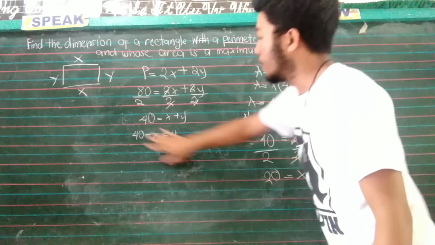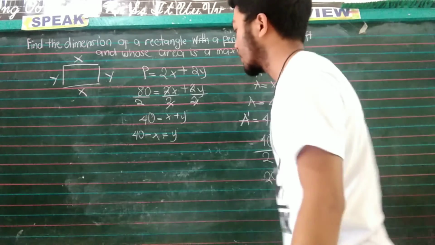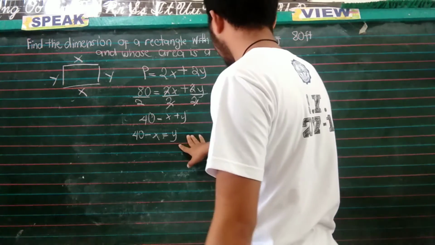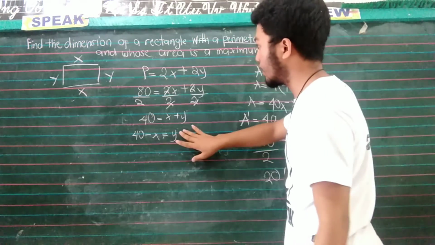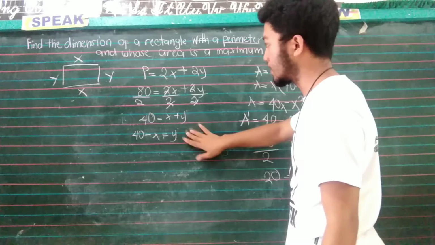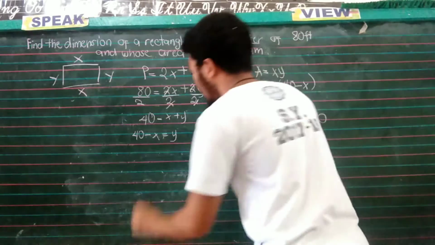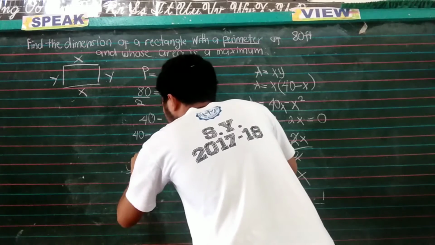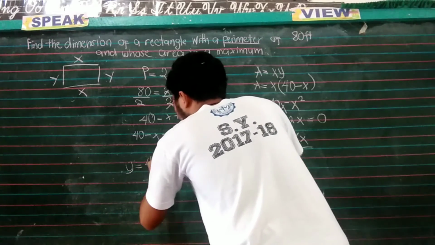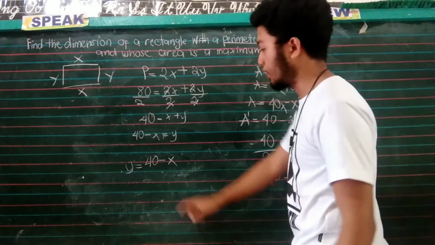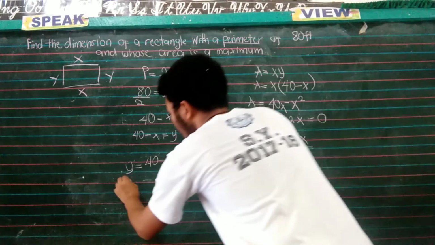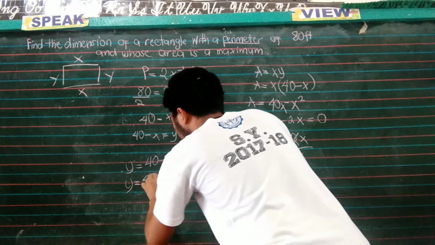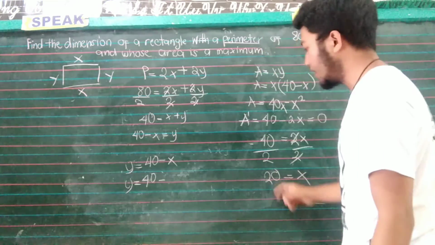So let's get back to this equation to solve for the dimension. We have here y is equal to 40 minus x. So y is equal to 40, and the value of x is 20.